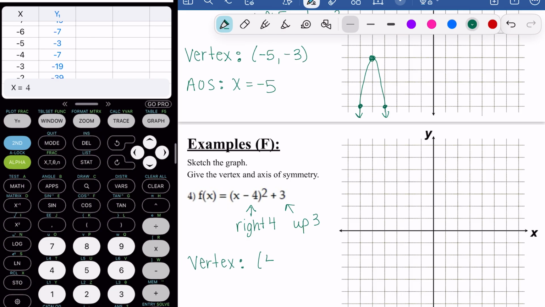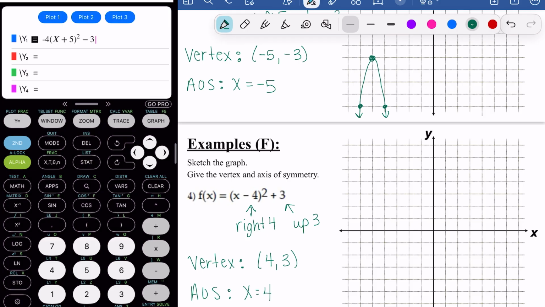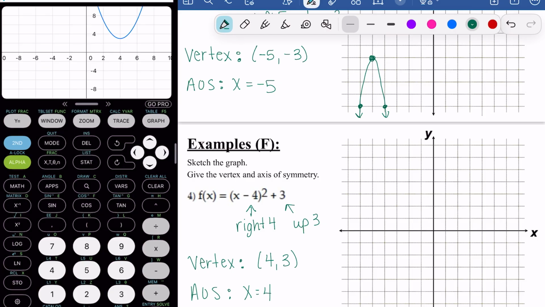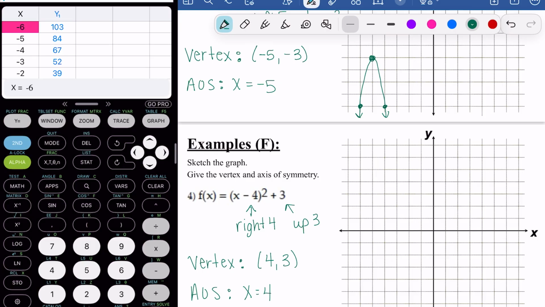So 4, 3, which means my axis of symmetry is x equals 4. But we can go to our calculator to help get some points. So x minus 4 squared plus 3. It's opening up because it's positive. I'm going to go second graph to get my table.